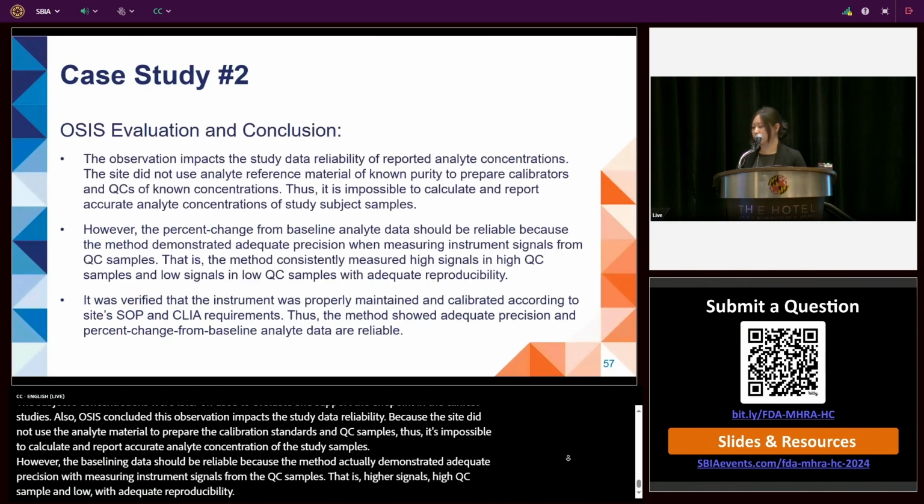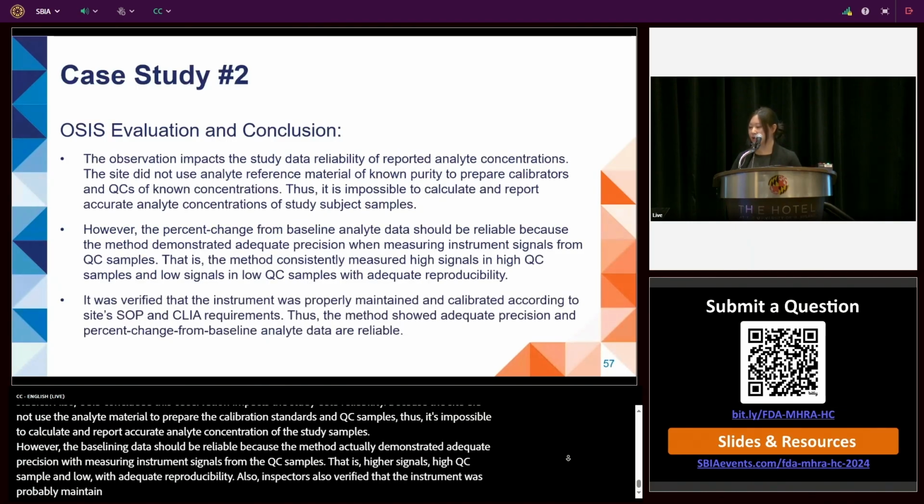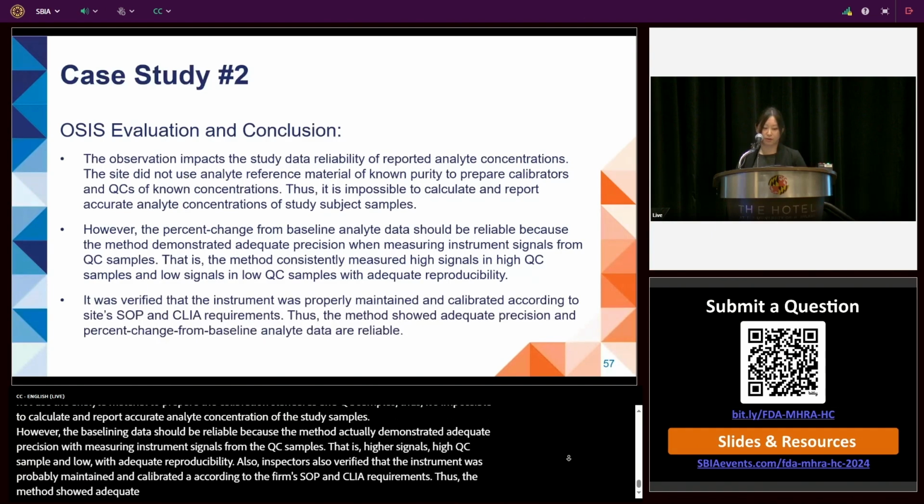OSIS inspectors also verified that the instrument was properly maintained and calibrated according to the firm's SOP and CLIA requirements. Thus, the method showed adequate precision and the percent change from the baseline analyte data were reliable.